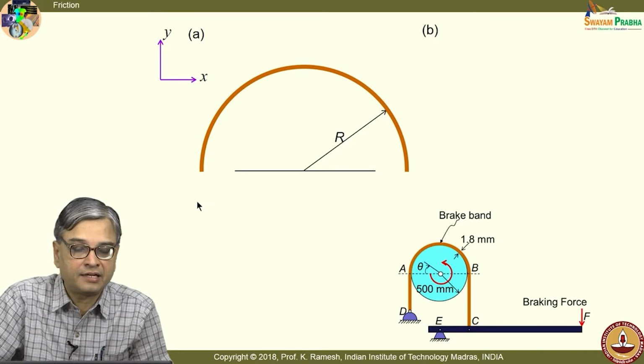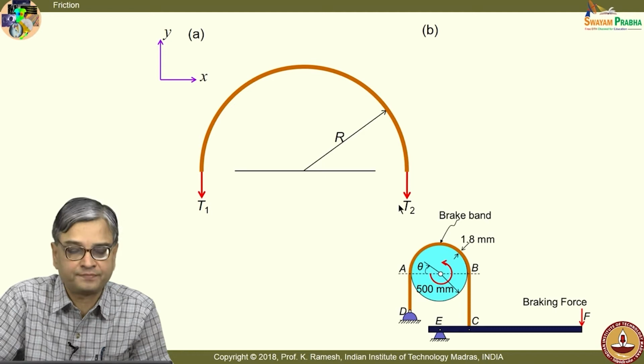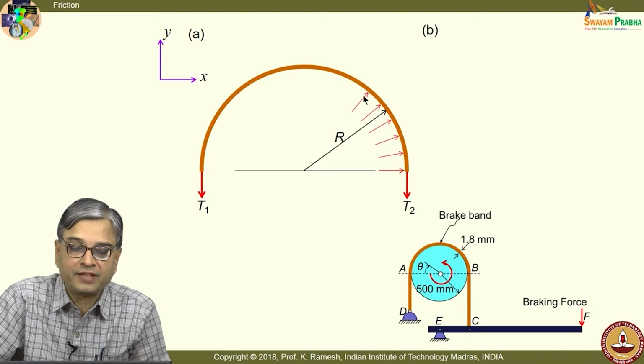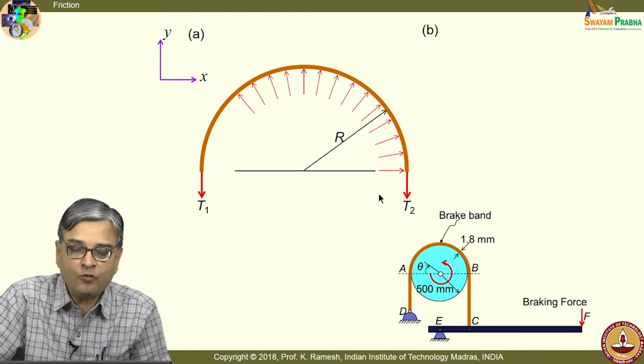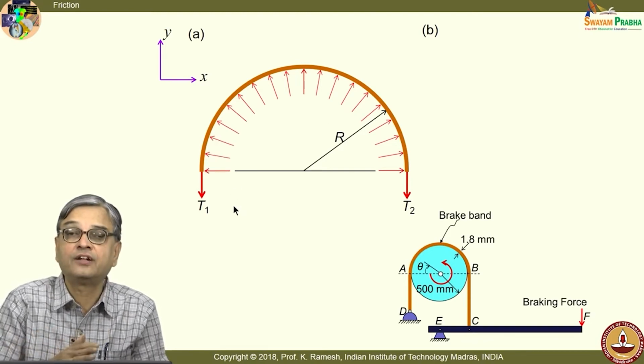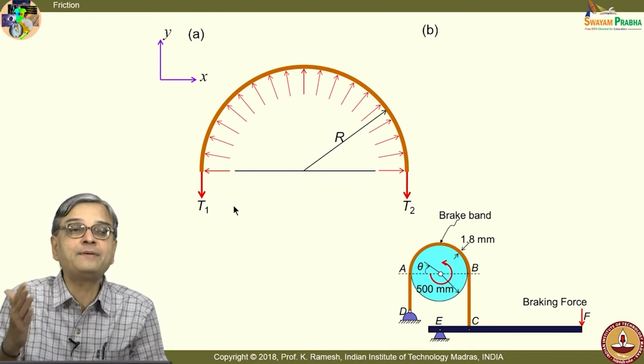And as before, I will put the tension as T1 and T2. We do not know what are these values. And if there is only normal reaction, if there is no friction, I will have only normal reaction. And now we have to correctly put the frictional force on the band.